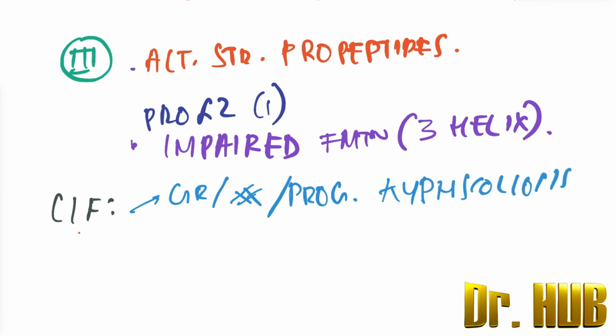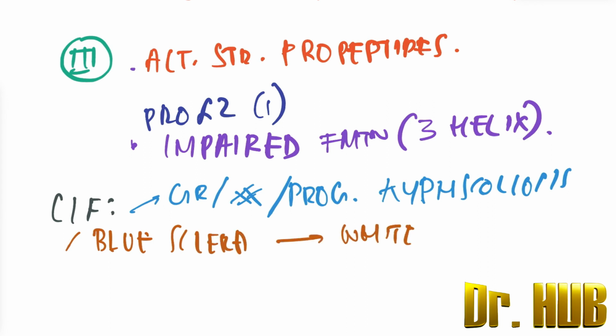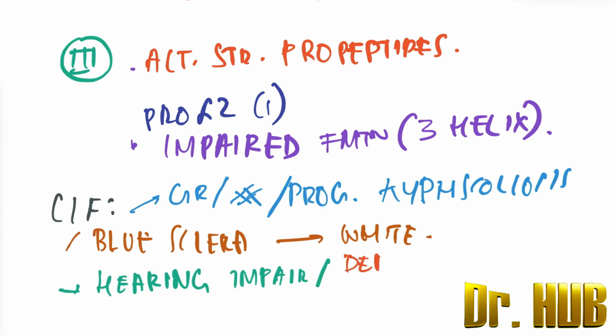Then there is the blue sclera at birth that becomes white. There is also hearing impairment and dentinogenesis imperfecta.